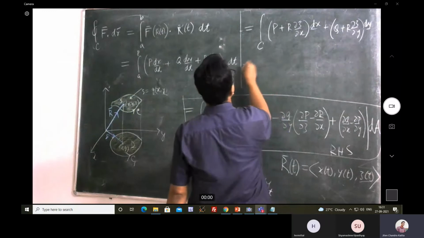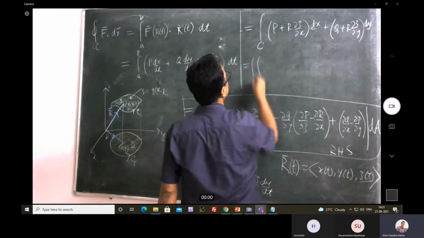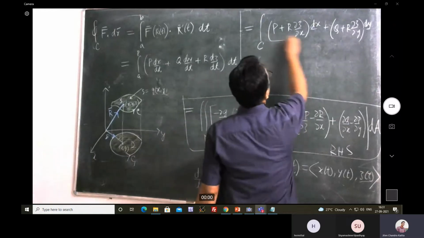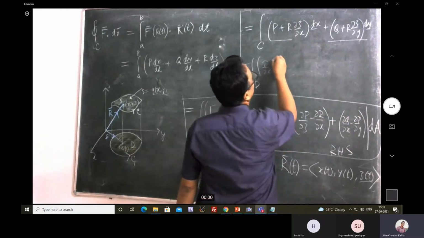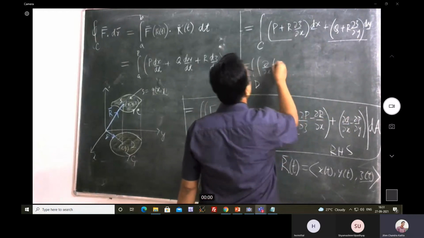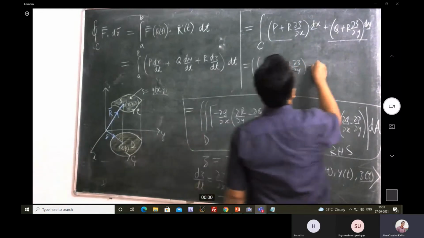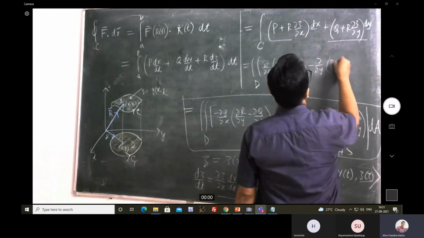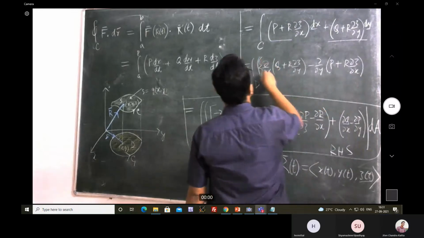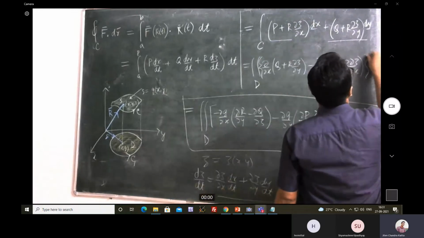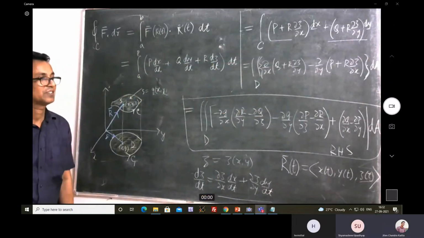So then if I use Green's theorem, this is going to give me del x of Q plus R dz by dx, minus del y of P plus R dz by dy, dt. Is it okay? Fine? Yes.